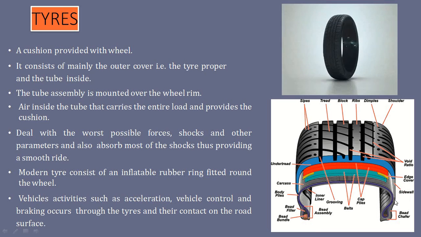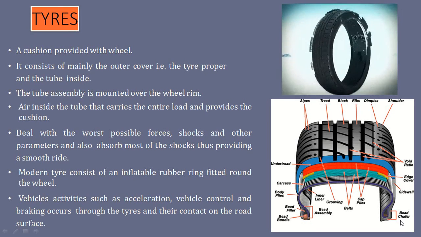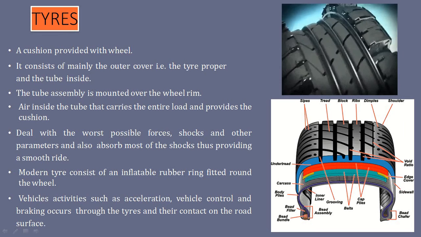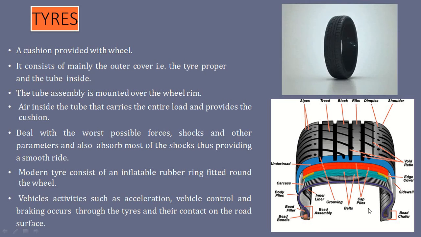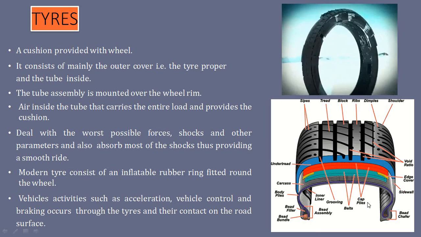So this is the side wall and the bead chamfer, it is provided at the end. So numbers of layers are provided with the belts and the cap plies.